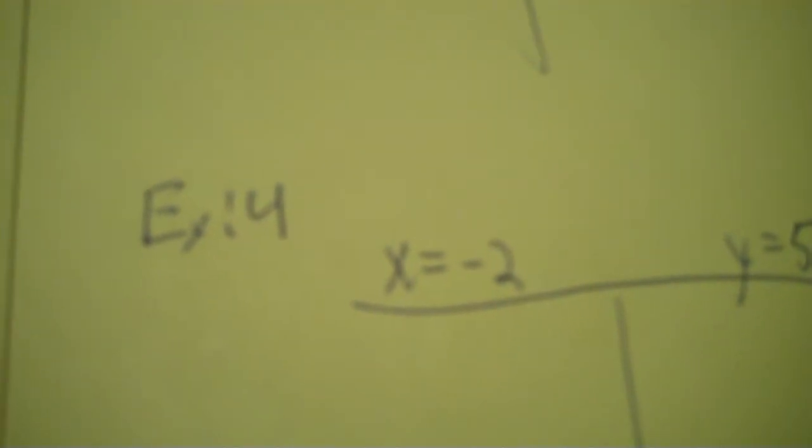Okay, example 4 is an odd duck, okay? On one side, x equals negative 2, y equals 5. Look at this side. Don't worry about the other side. On this equation here, do you have x and y both?